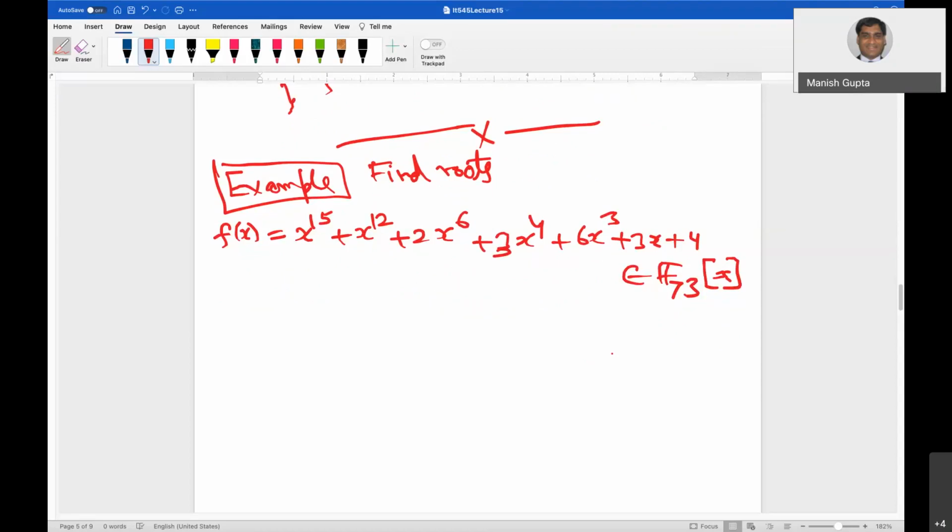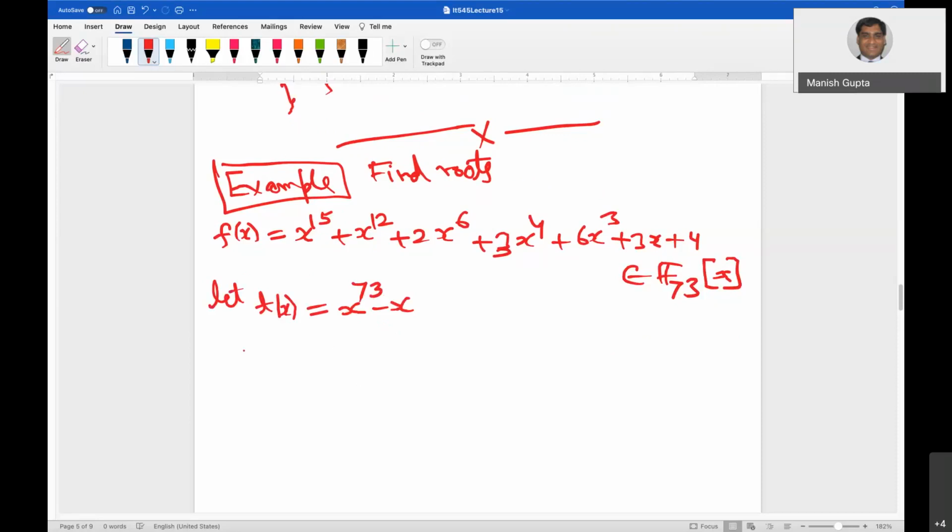So what we do here, let T of x be the polynomial x raised to power q minus x, which is x raised to 73 minus x. Now we take x common and divide this polynomial by f of x and look at the remainder.